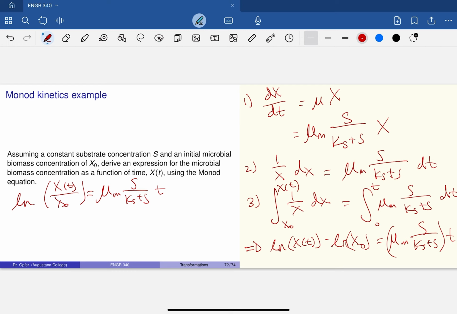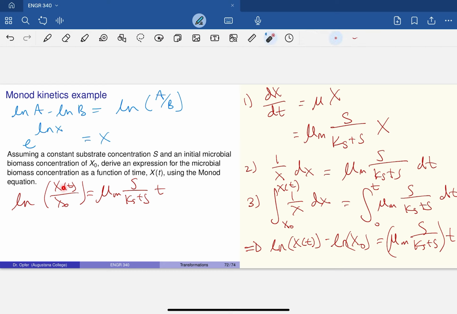And then now we're going to use a second natural log trick. So we already used natural log of a minus natural log of b equals natural log of a over b. Now what we're going to use is the fact that e to the natural log of x is exactly equal to x. Because remember, we're trying to get X of t equals yada, yada, yada.